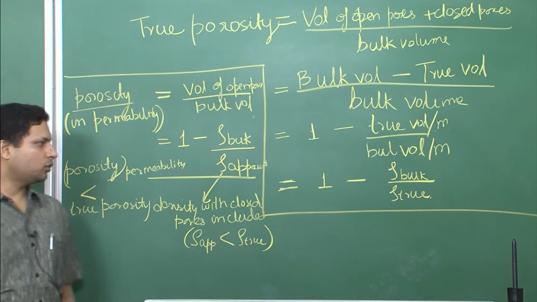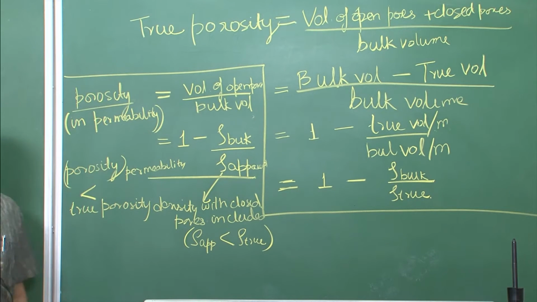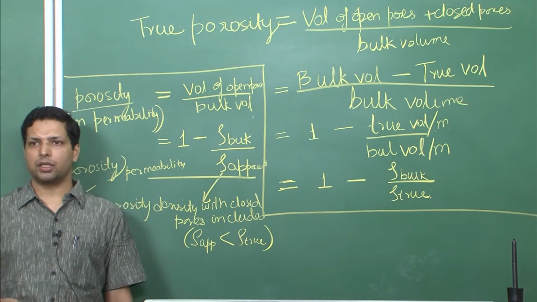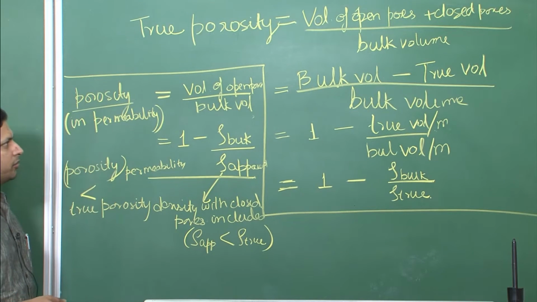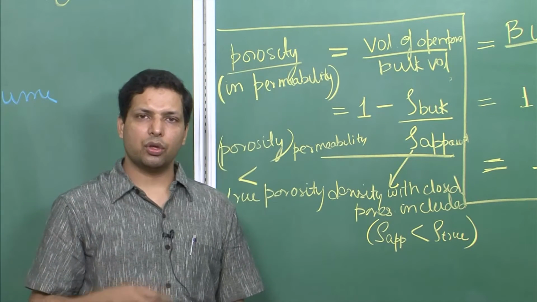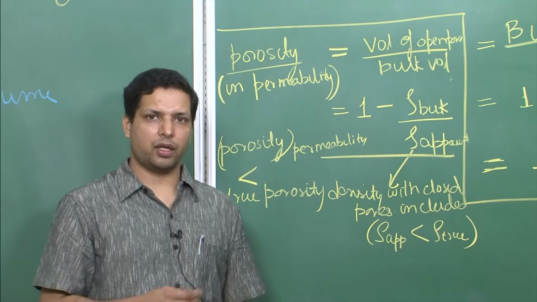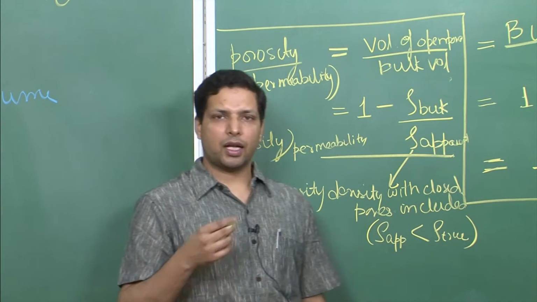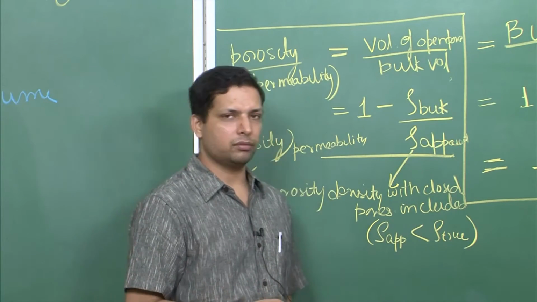So overall it gives you an understanding of what the different kinds of pores are, which pores are being taken into account when we talk about permeability, and which pores you should ideally take into account for an actual surface area measurement method.